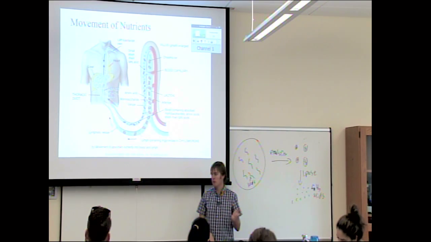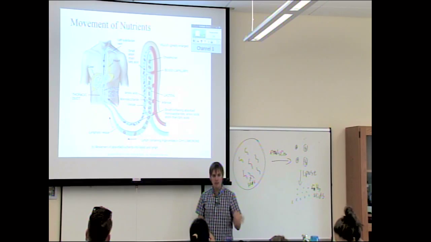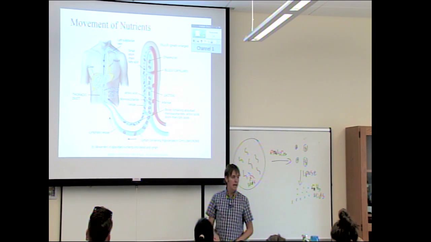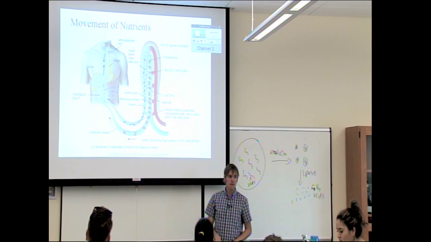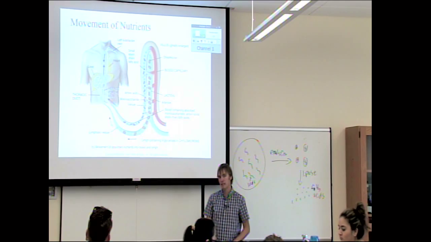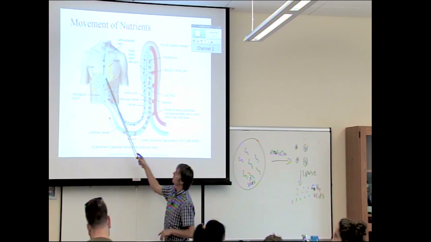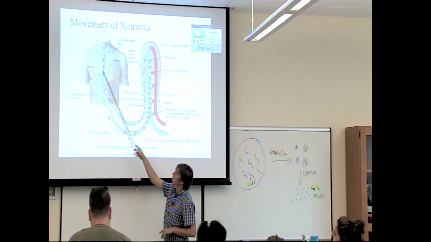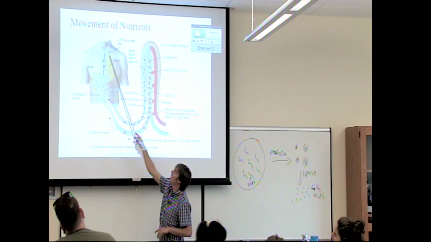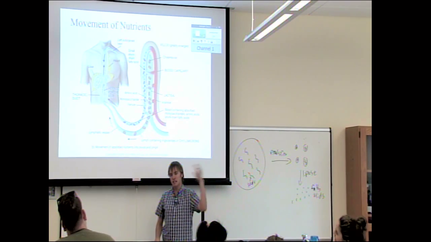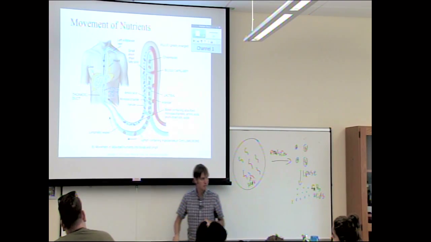And that's important because it can modify them or store any extra ones, and perhaps filter out any really bad toxins that may have ended up there. And then from there, it goes basically back to the heart to get pumped to the lungs, and then to the heart, and then out to the rest of the body.